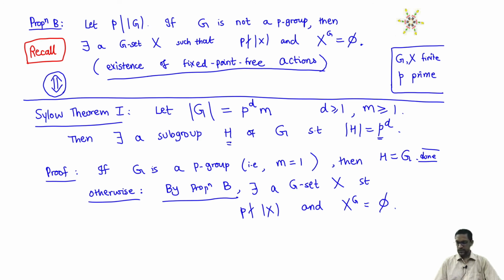Now that's an interesting consequence of proposition B, but what is extremely interesting is that in fact the first Sylow theorem also implies proposition B. So we have proved one implication, but in fact one can show that you can assume the statement of Sylow Theorem I and deduce proposition B from it.